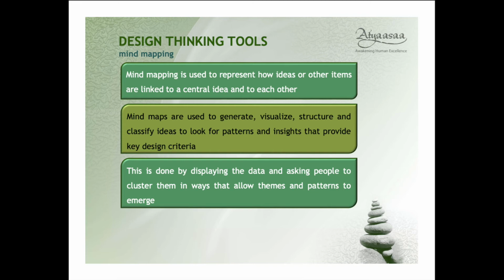It doesn't go beyond that. Now, this is done by displaying the data and asking people to cluster it in ways that allow the themes and patterns to emerge clearly. That means you're bringing this entire mind map together. It's a diagrammatic representation, and in the form of the threads, the primary, secondary, and tertiary threads, it actually builds a prototype that people can visualize.